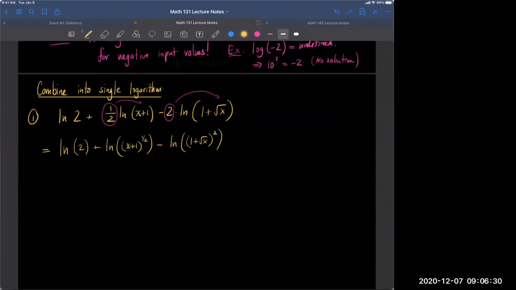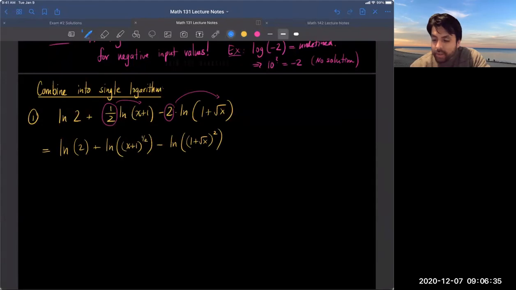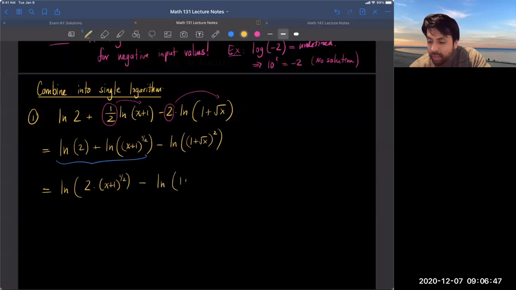All I did was apply the power rule. Then, as you said correctly, this is a plus, so you multiply the insides. So this would be ln of 2 multiplied by x plus 1 to the 1/2 power, minus ln of 1 plus square root of x, squared.